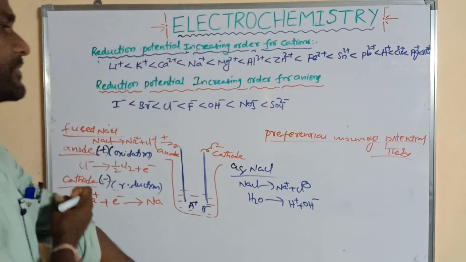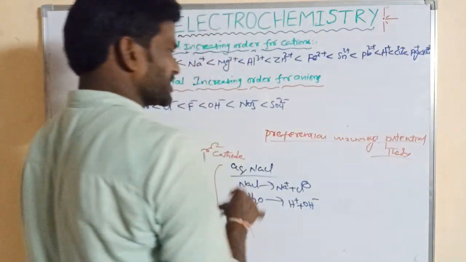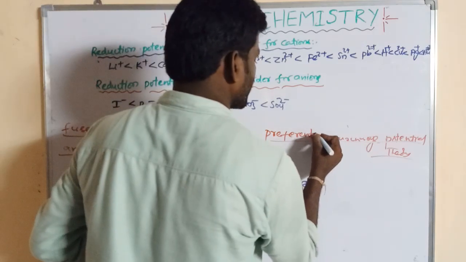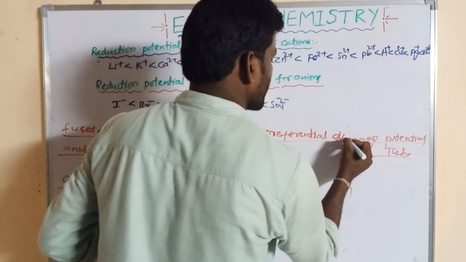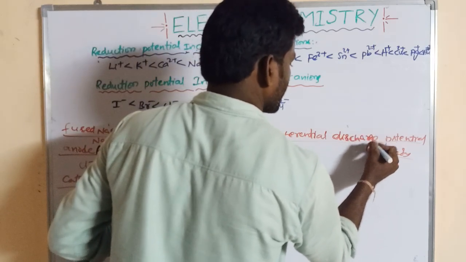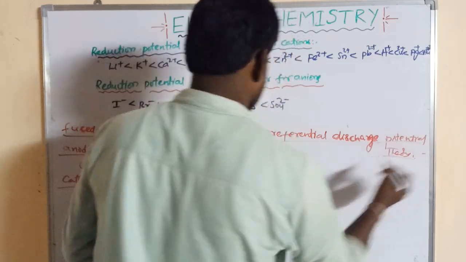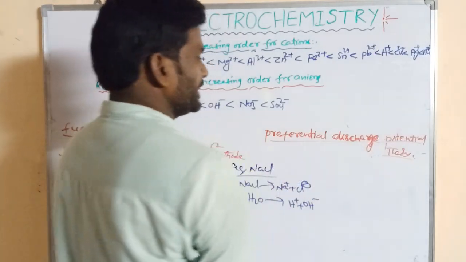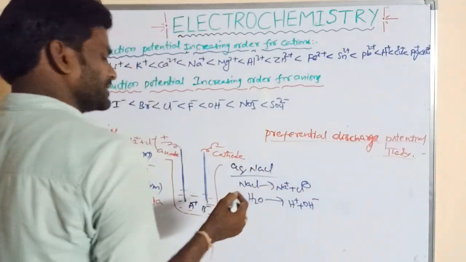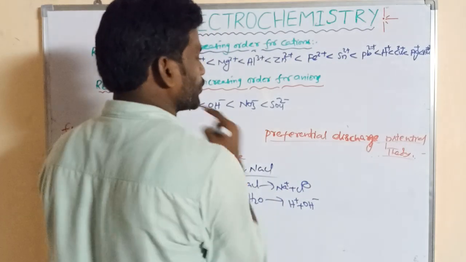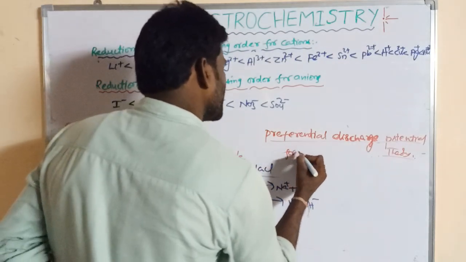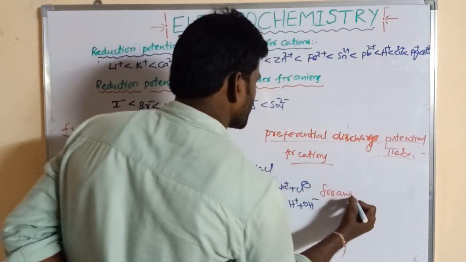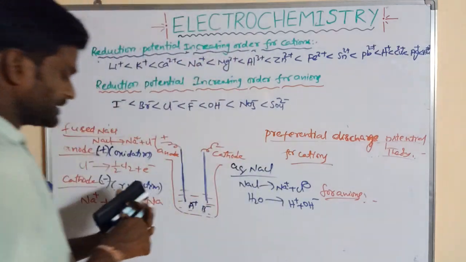According to the preferential discharge potential theory, when two or more cations and anions are present at an electrode, listen to me.